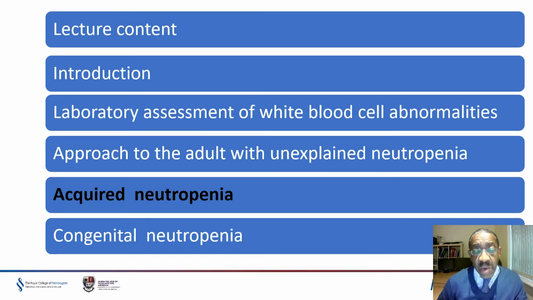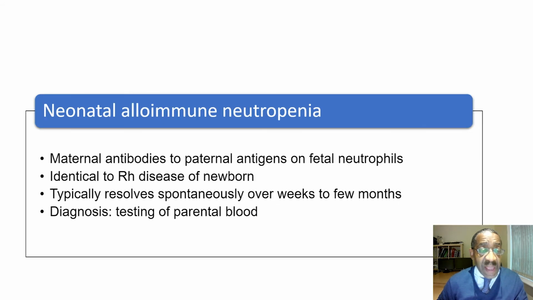We'll look at a few examples of acquired neutropenia. One is present at a very early age, described as neonatal alloimmune neutropenia, not very dissimilar to neonatal thrombocytopenia and rhesus disease of the newborn, which of course affects red cells.